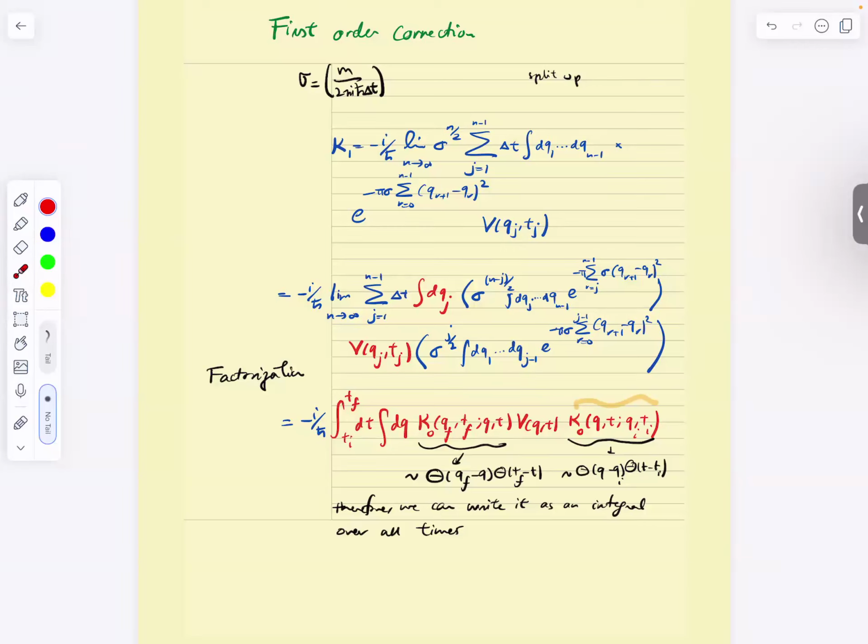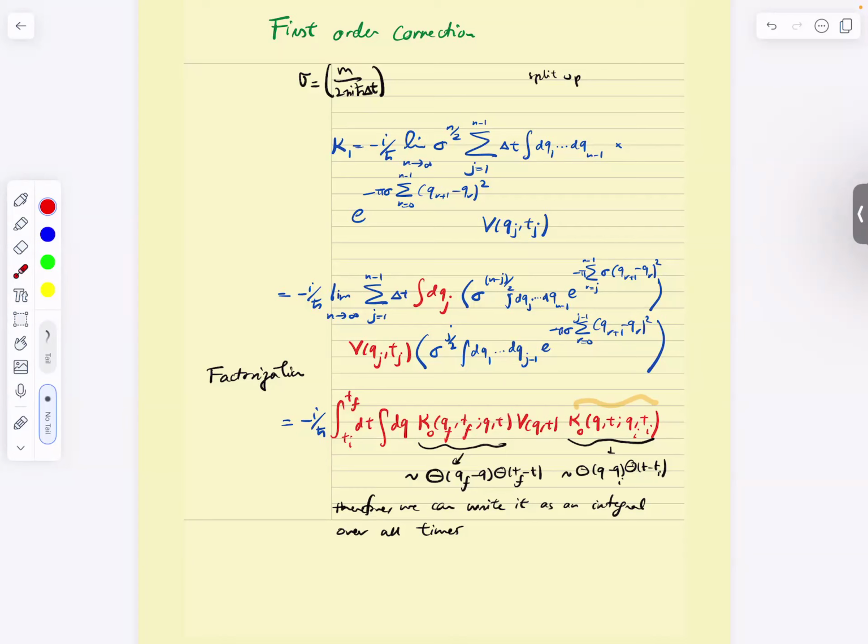Good. I pick a path. What I'm going to do is associate to this path this action, but at some point there is an operator insertion, V of Q prime at some time T prime.